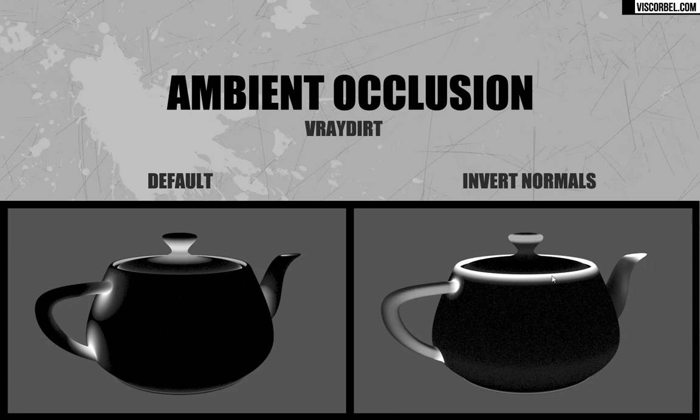And you can also use it with inverted normals, which gives another very useful effect, but instead this effect is applied on the outer edges or the outer corners of the object. And you can also use the bias values of the V-Ray dirt to shift the dirt effect in any of the 6 directions: up, down, left, right, forward, backward.